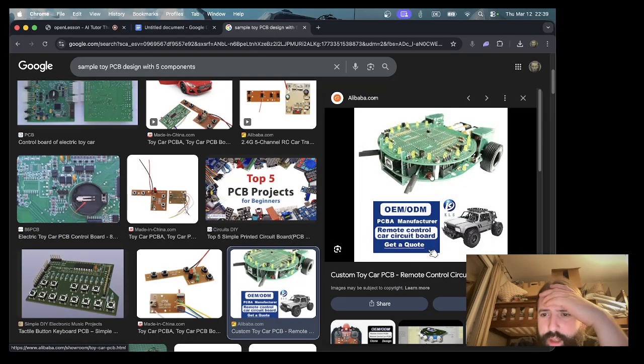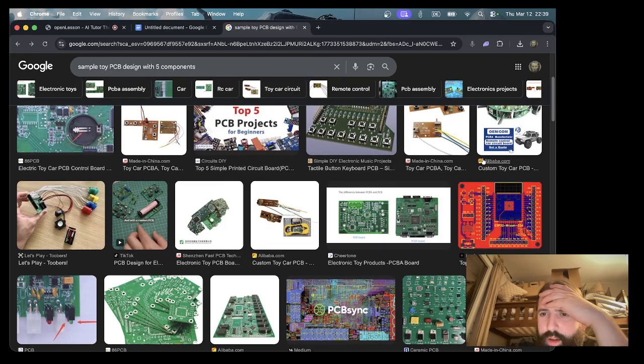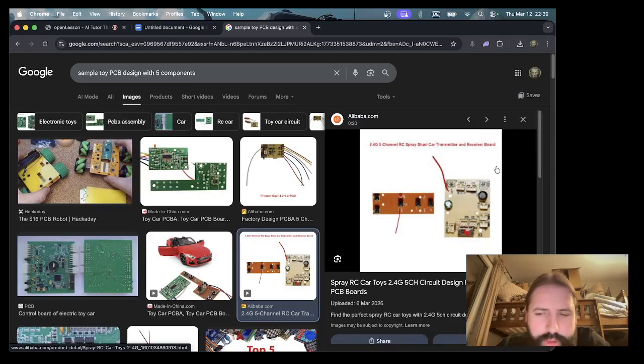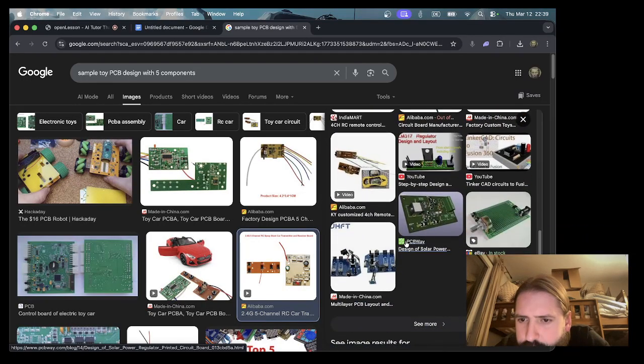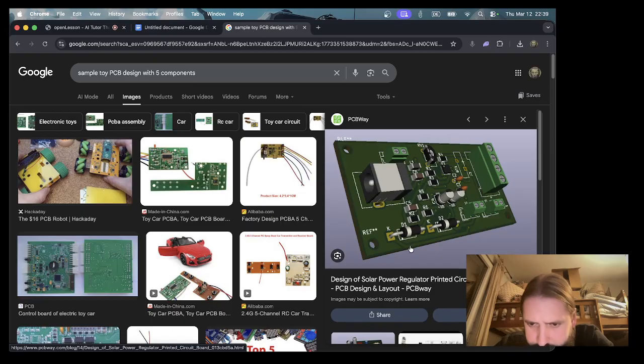That's an interesting thing here. Oh no. Let's look at some other example. Let's look for these maybe. Solar power regulator printed circuit board.